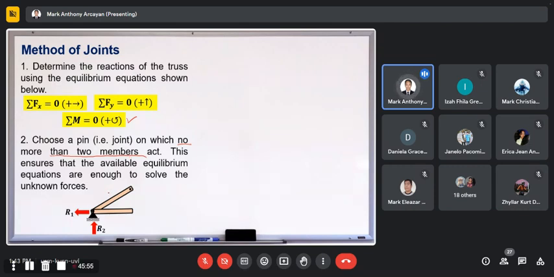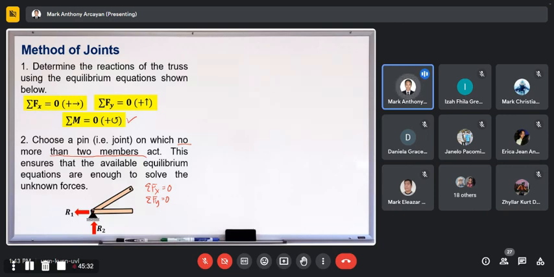So these are summation of forces along the horizontal and summation of forces along vertical. Mao gid ni ang pwede nato magamit kung mag-joint analysis ta. Kay kung ato ra i-consider ang joint, ma-represent na siya as a particle.